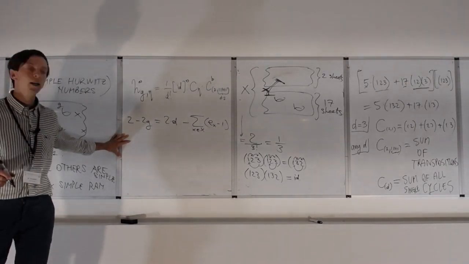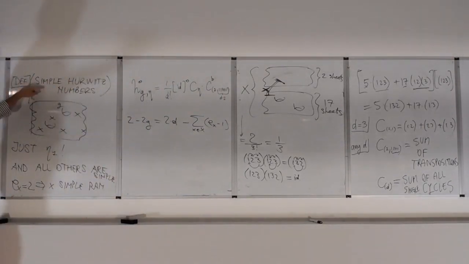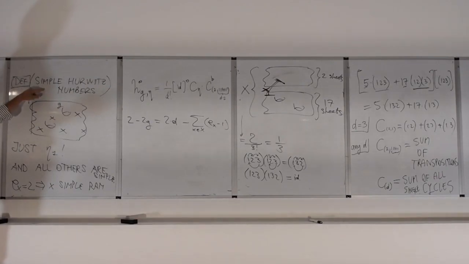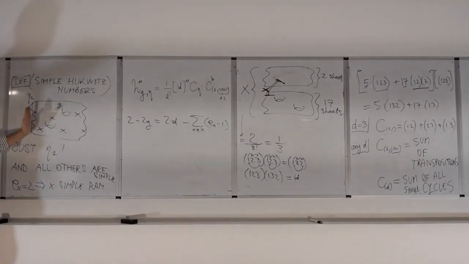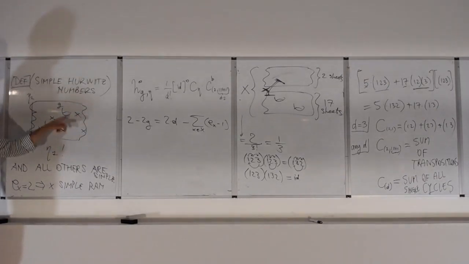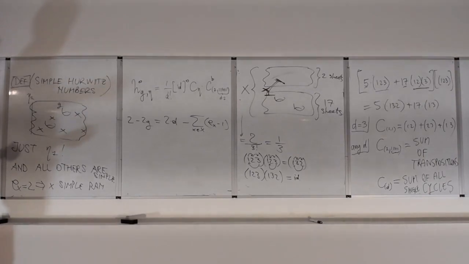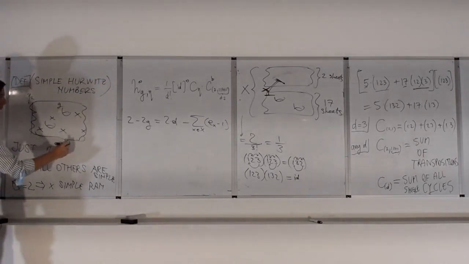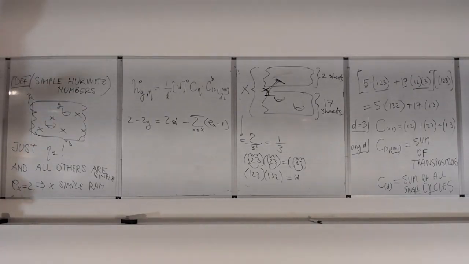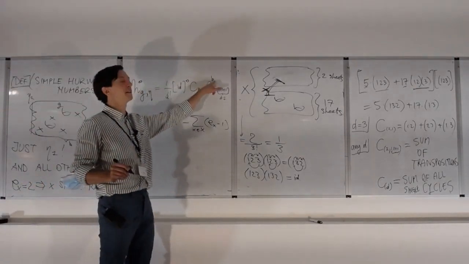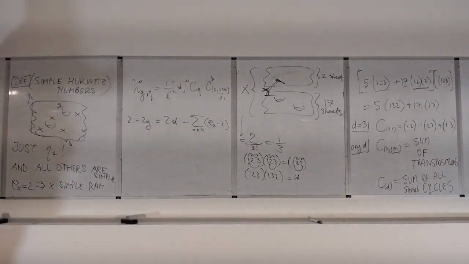Now I'm doing simple Hurwitz numbers. The definition of simple Hurwitz numbers is that there is just one partition that does something, and all the other partitions are simple. I'm defining b to be the number of them. Okay, thank you. So this is the definition of b, and then b is determined by Riemann-Hurwitz.